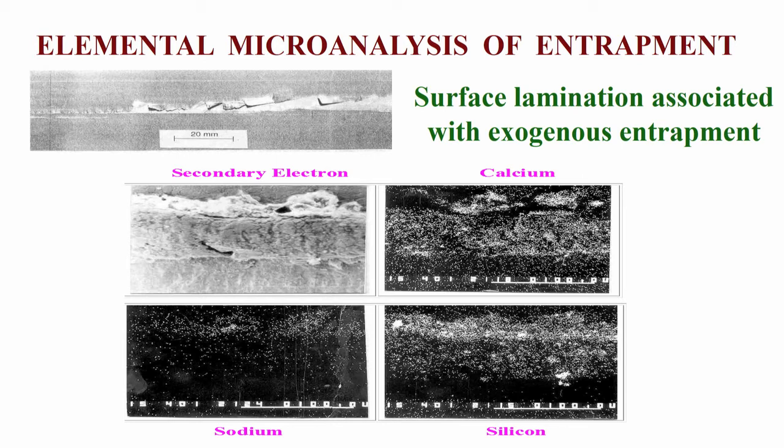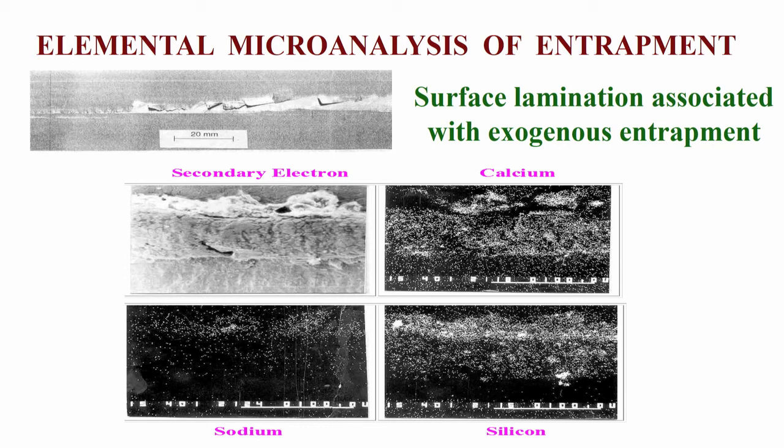If there was no entrapment, this would not happen. This is happening because there has been some large entrapment in the steel. That is why, when that entrapment is coming near the surface, the steel surface is getting sort of torn, sort of crack formation is happening. So, this is called surface lamination, additional surface is getting generated.